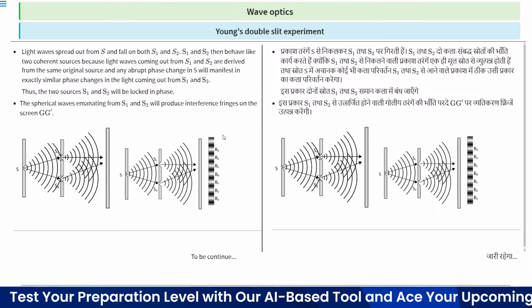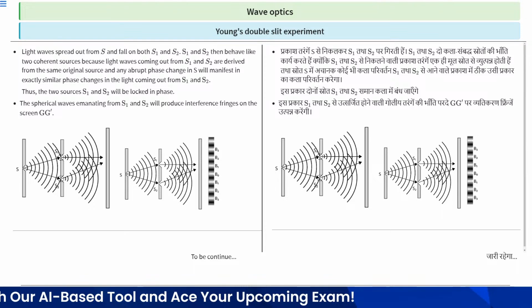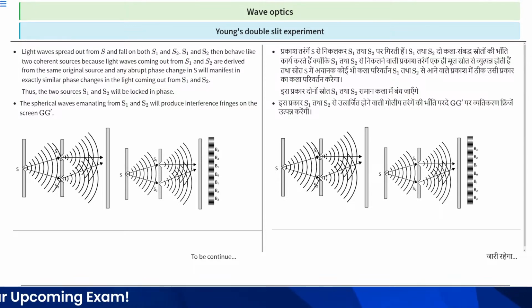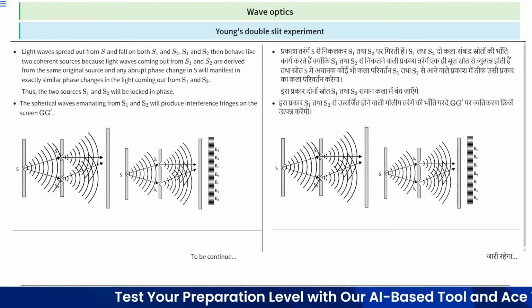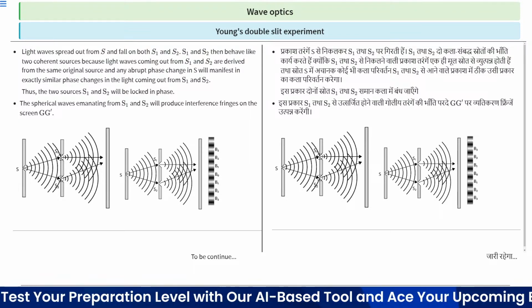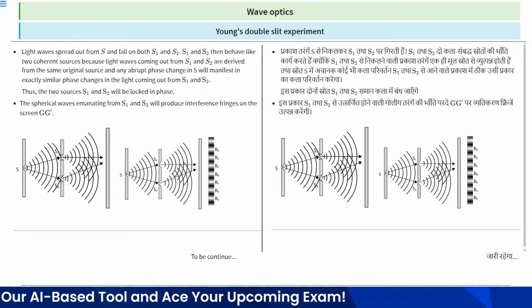So, there is a diagram. The spherical waves emanating from S1 and S2 will produce interference fringes on the screen G prime. Suppose this is the screen, and G prime is this one. The source S spreads out waves like this.